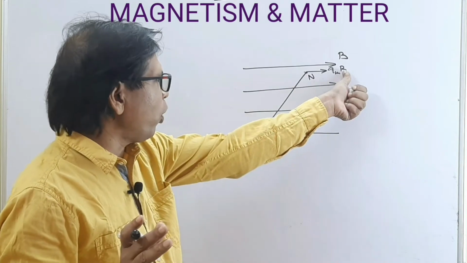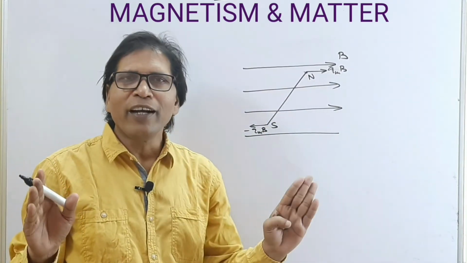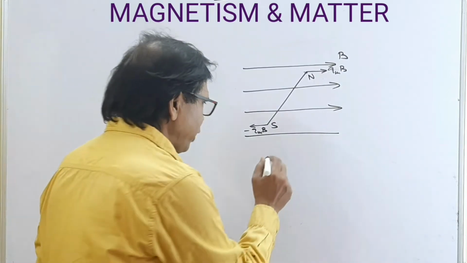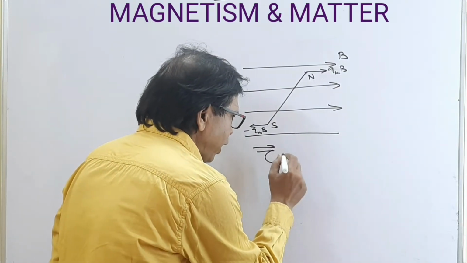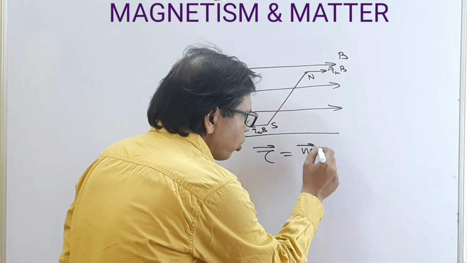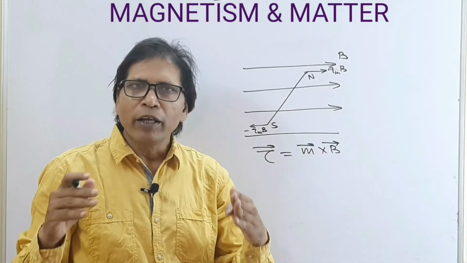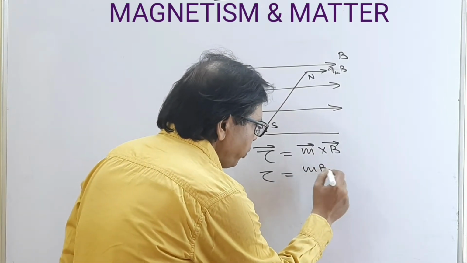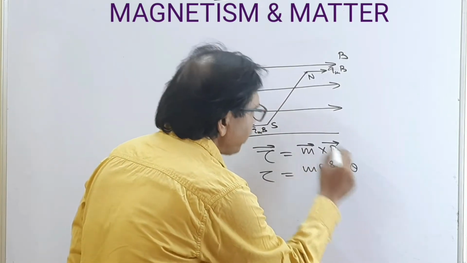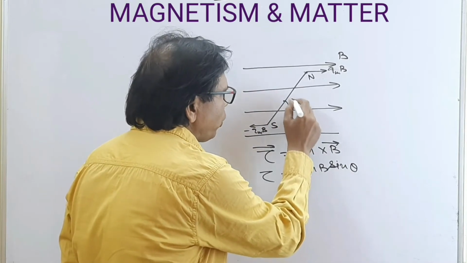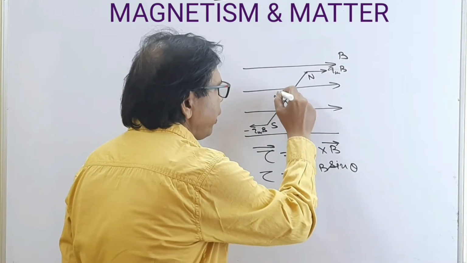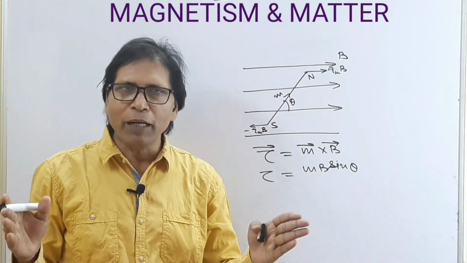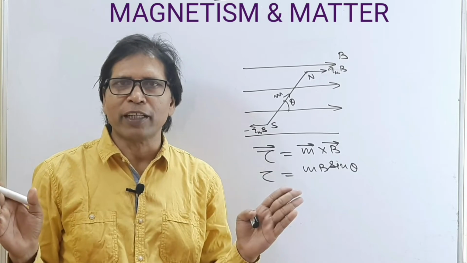So the net force on this dipole is 0. Now the torque experienced by the dipole in this magnetic field is tau vector equals m vector cross B vector. The magnitude of torque is tau equals mB sin theta, where theta is the angle between the m vector and the B vector.